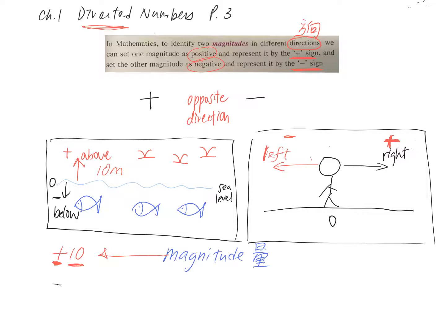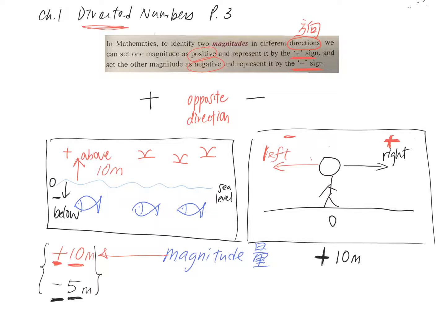And if I write down negative 5, what does that mean in this case? Negative means below the sea, below by 5 meter. So we have the direction and we have the magnitude.